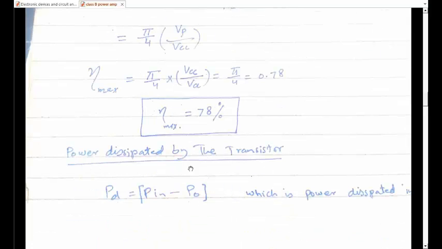Next is power dissipated by the transistor. Power dissipation would be input power minus the output power, which is the power dissipated in both transistors. By plugging the values of input power and output power, we get this equation.